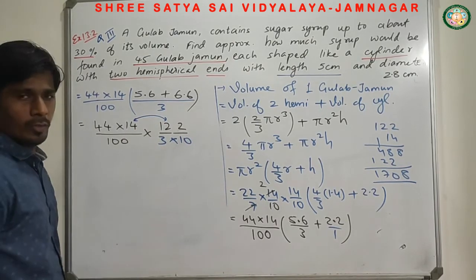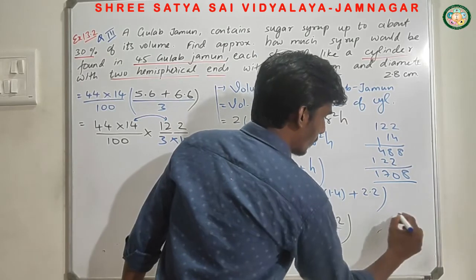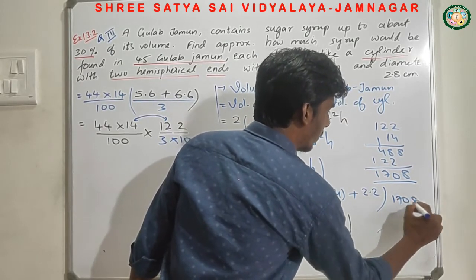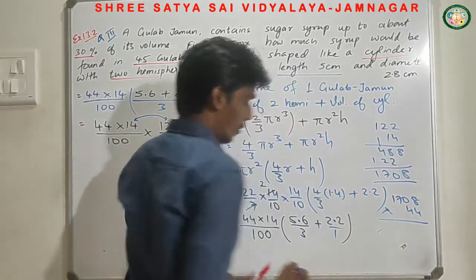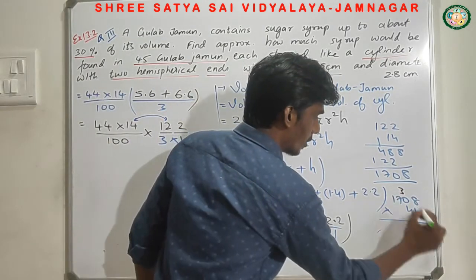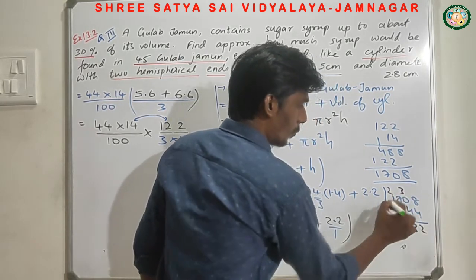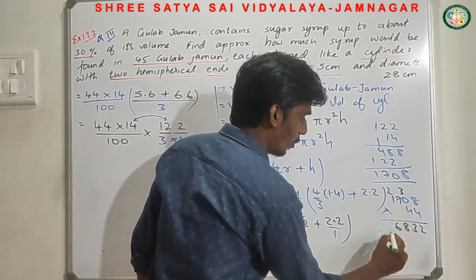Now multiply by 44. 1708 multiply by 44. So 8 4s are 32, it's 3, 28. 4 1s are 4, 6. Again it's 4, the same number.